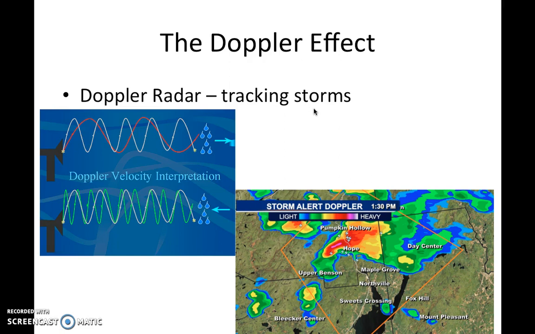For instance, if policemen are using Doppler radar guns, they can measure how quickly you're approaching them, or what your car's velocity is, based on the frequency of waves that come back from that source. So we'll talk a little bit more about that next time.